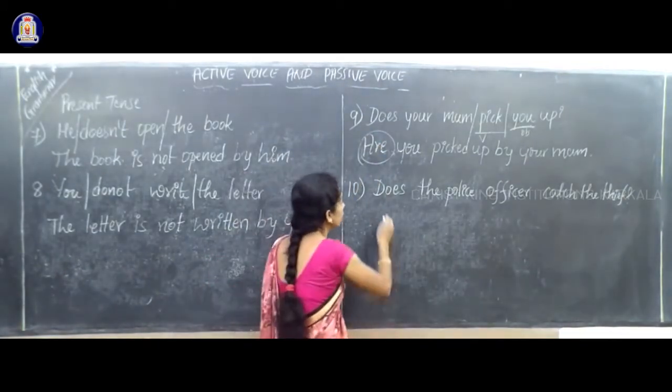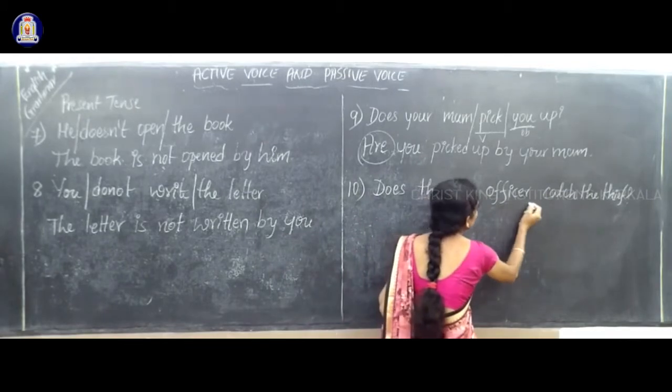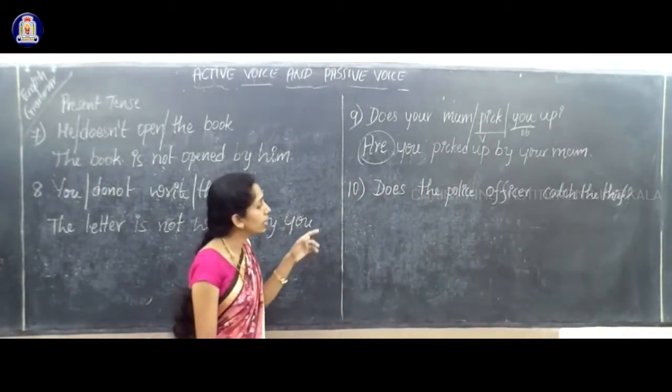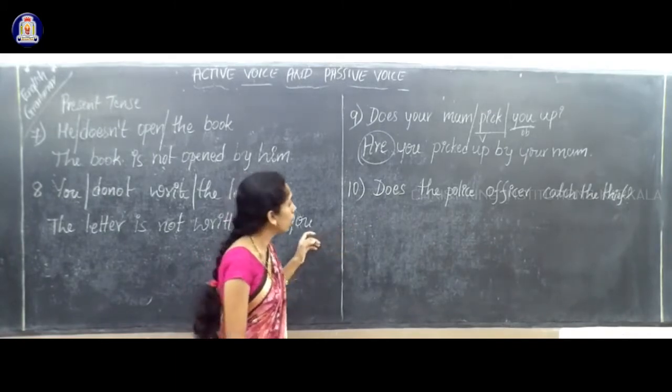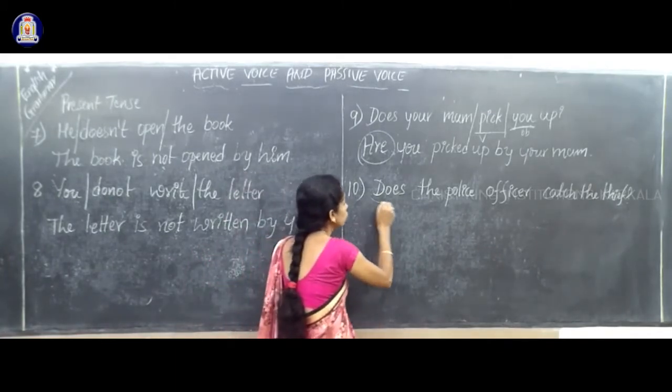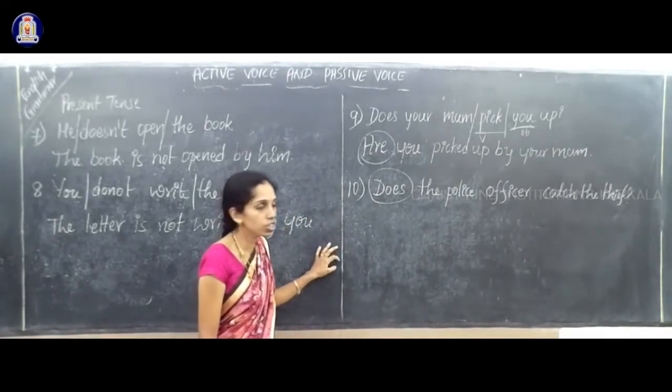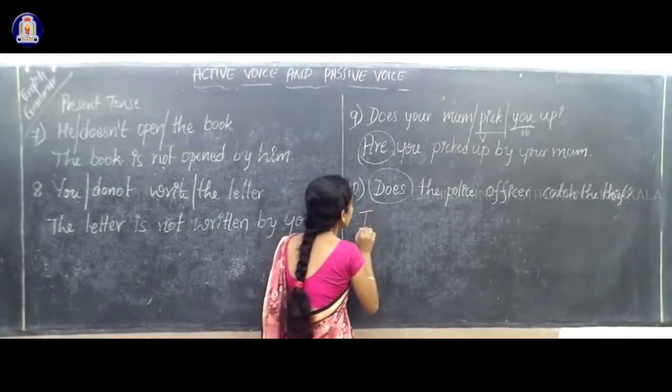Okay then, here: does the police officer catch the thief? So how to write here? Here also we are not supposed to use does, but we have to use the be form.